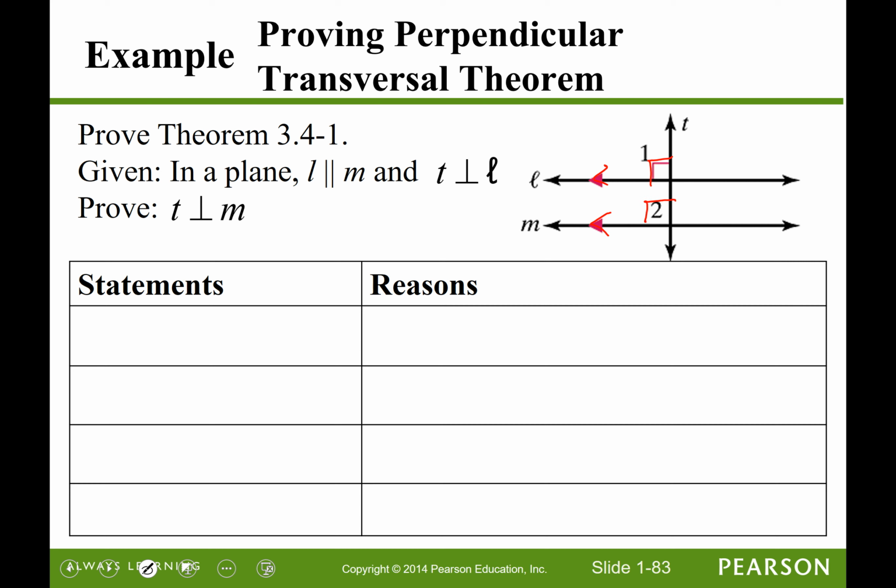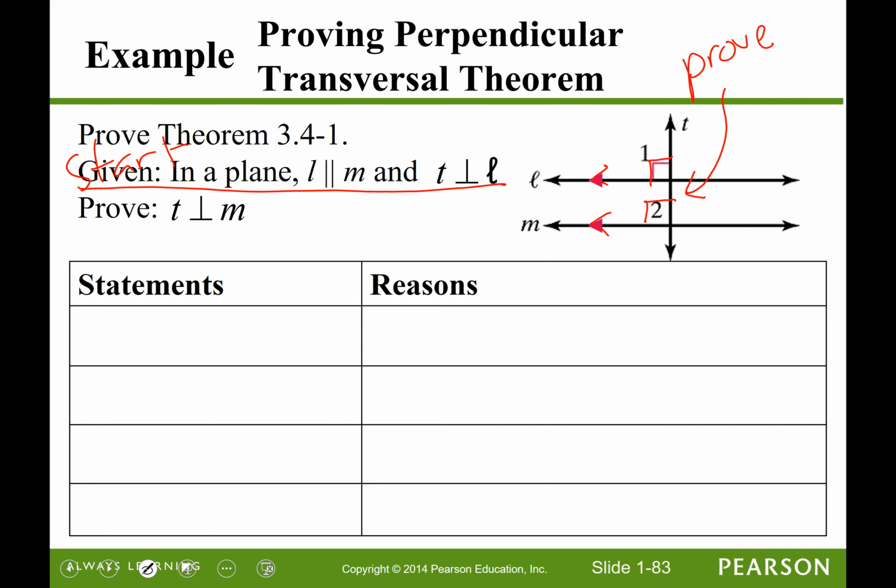That's what we're being asked to prove. So we start with all the given stuff, and we know we're finished when we can state, in the statement column, that T is perpendicular to M. When we can state that, we know we're finished.